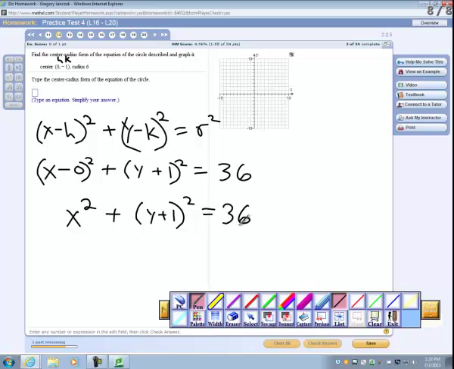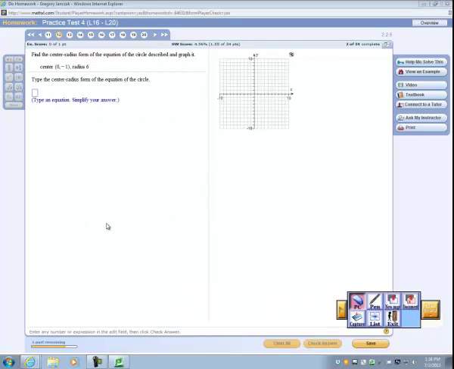Okay, so they want the equation in standard form. Just type in the equation, simplify your answer. Let's see which way they want it.